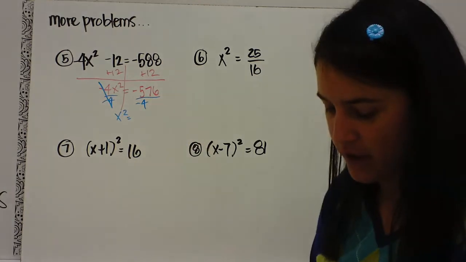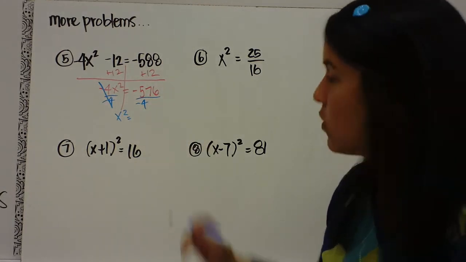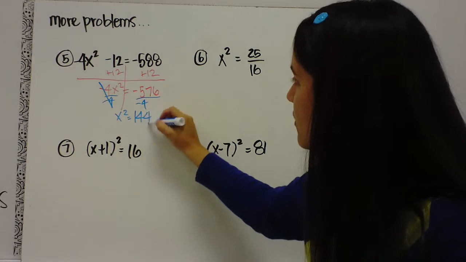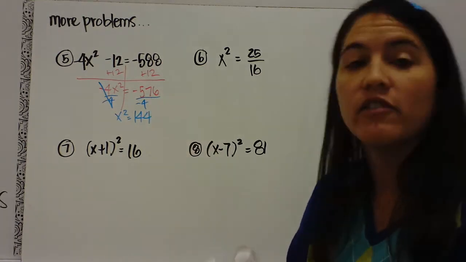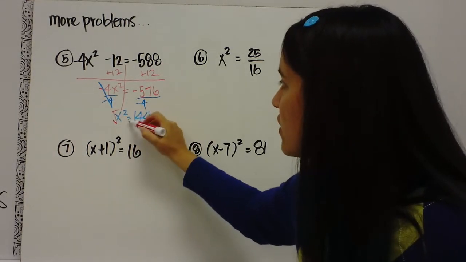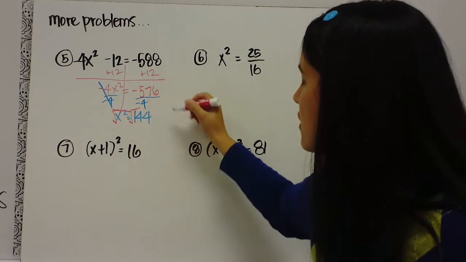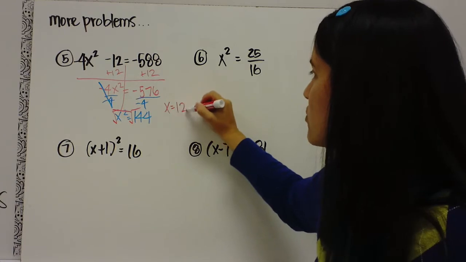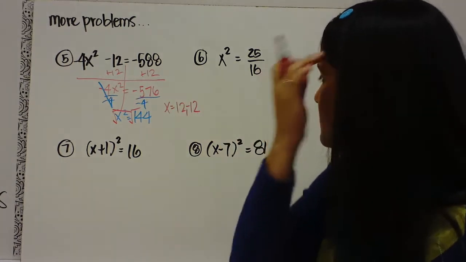So negative 576 divided by negative 4 is 144. Whenever you're left with an x squared, we don't want an x squared, we want an x. So I have to take the square root, those cancel, and x equals 12 or negative 12.